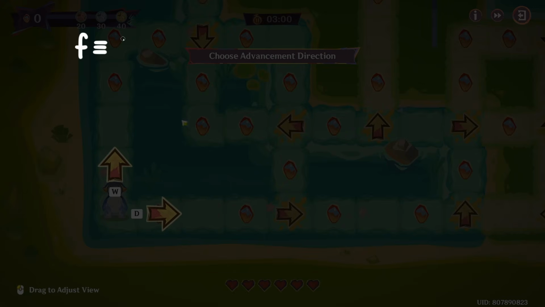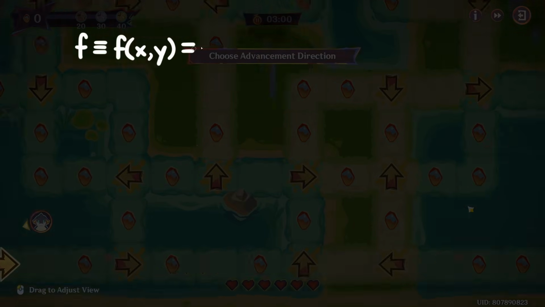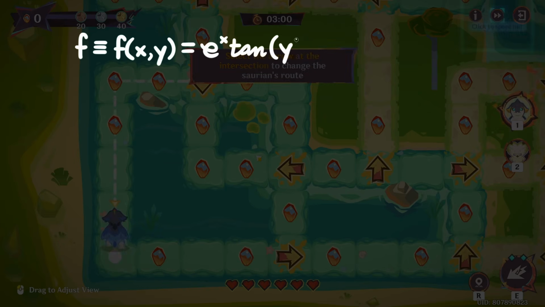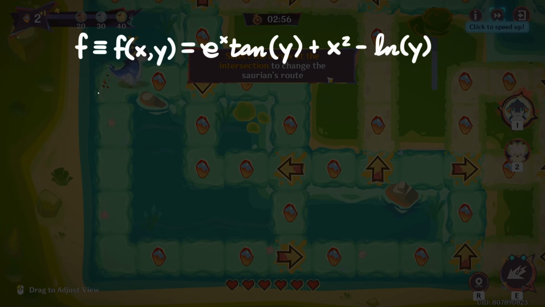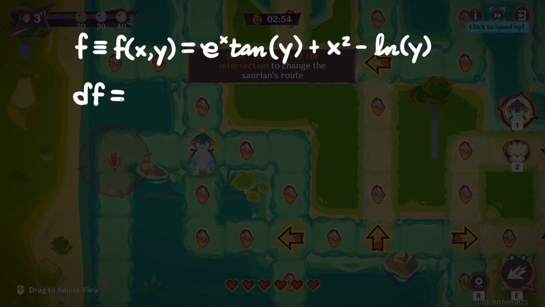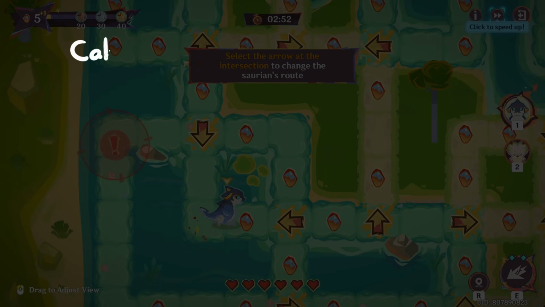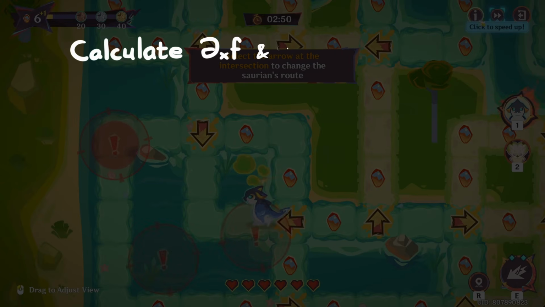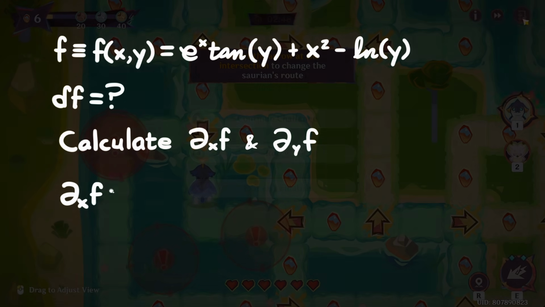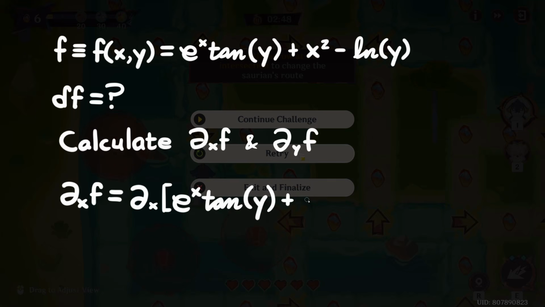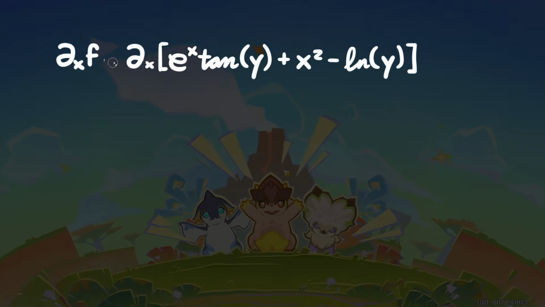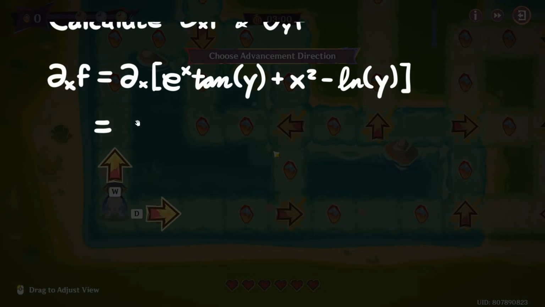Let's have an example. Calculate df if f of x, y is equal to e to the x tan of y plus x squared minus natural log of y. Since this function has two variables, x and y, we need to take the partial derivatives with respect to both of them. When partially differentiating with respect to x, we can distribute the derivative.